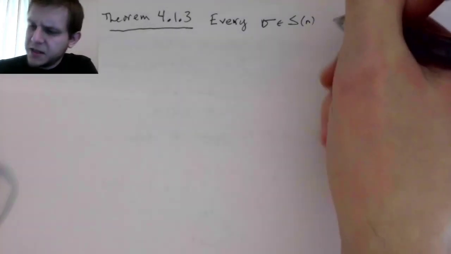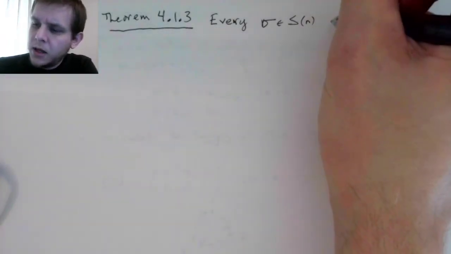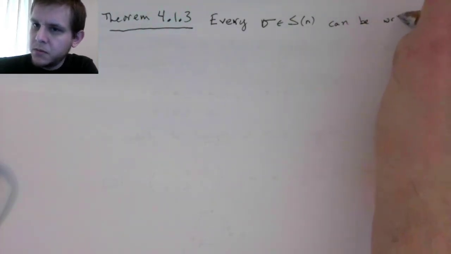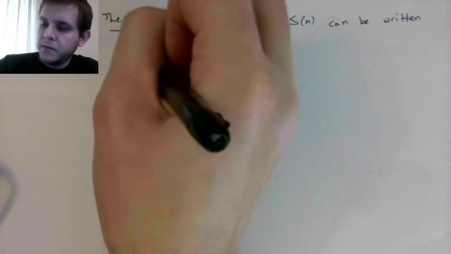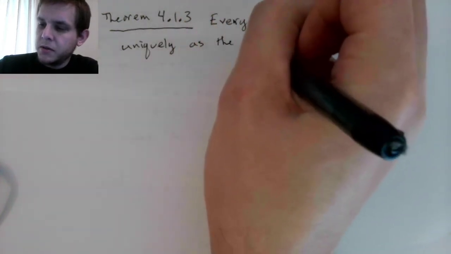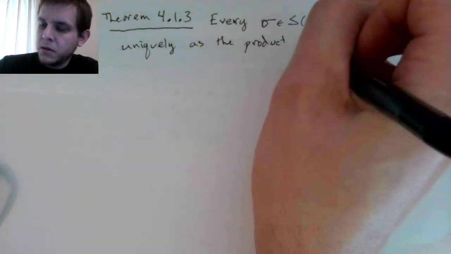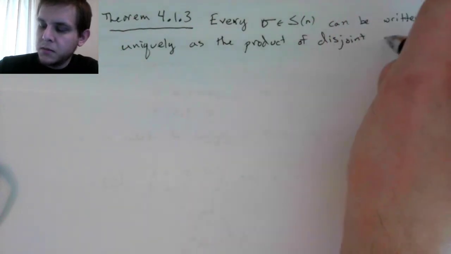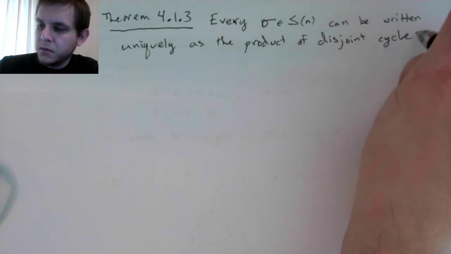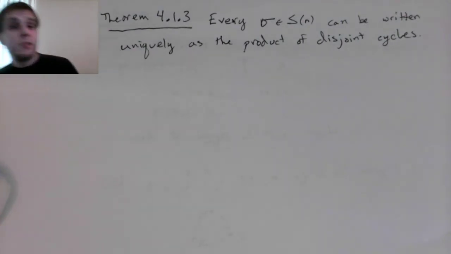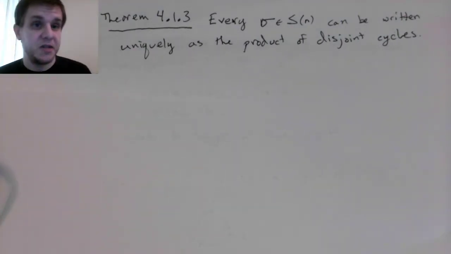Every sigma in S of n can be written uniquely as the product of disjoint cycles. So when I say product here, I mean group product. So it's the composition of disjoint cycles.